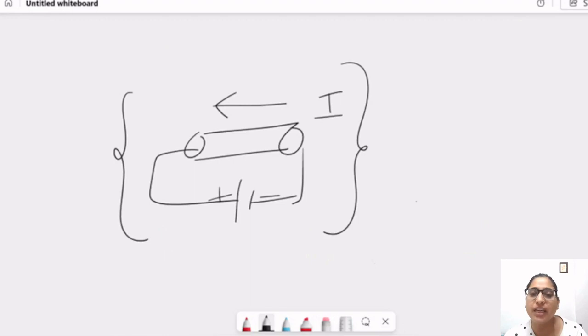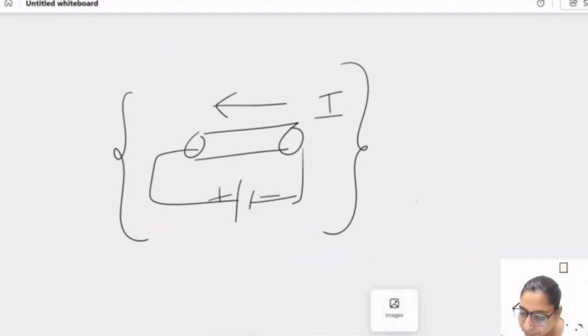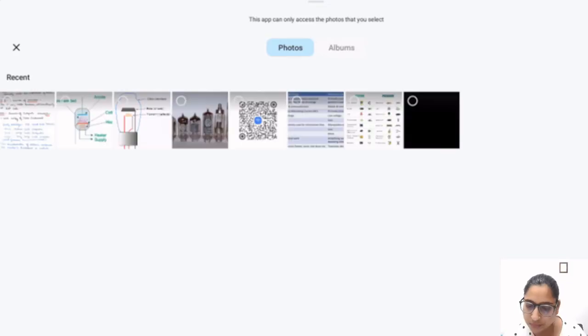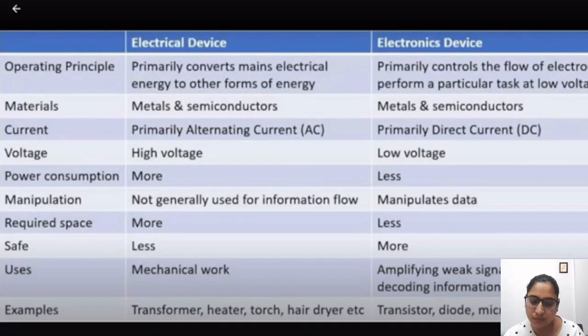Electrical devices majorly use electrical current or electricity to perform a task, whereas electronic devices just manipulate the flow of electrons. See these differences in detail in this chart. Now in this chart we can see that there are so many differences between electrical and electronic devices.